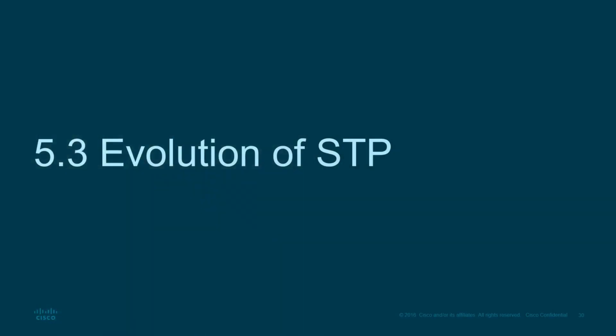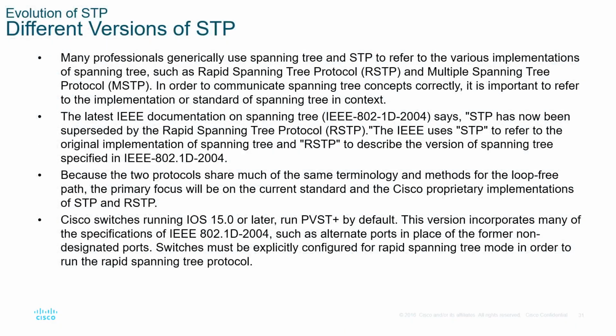Let's talk about the evolution of STP. Many professionals generically use STP to refer to the various implementations of the spanning tree, such as RSTP and MSTP, but they're not exactly the same thing. When we talk about RSTP and MSTP, they're actually different than STP.